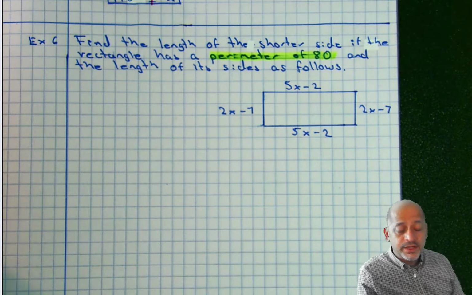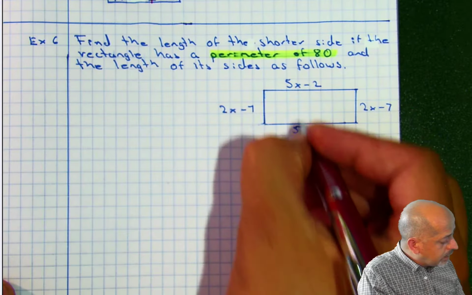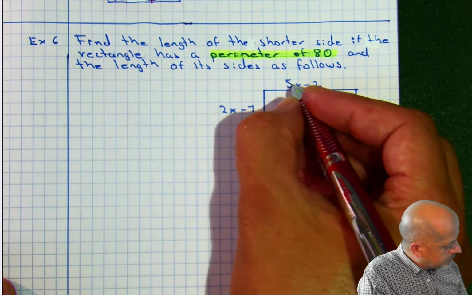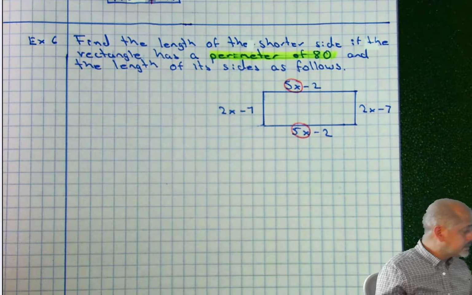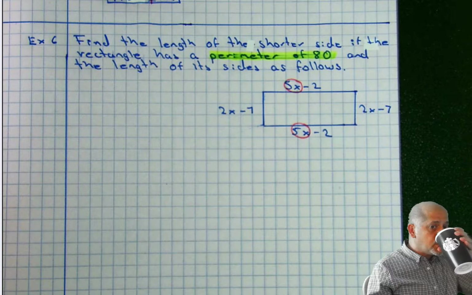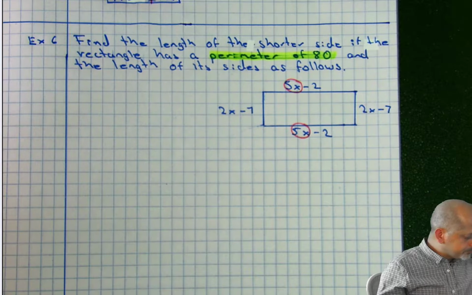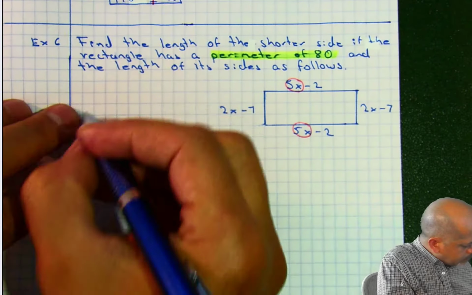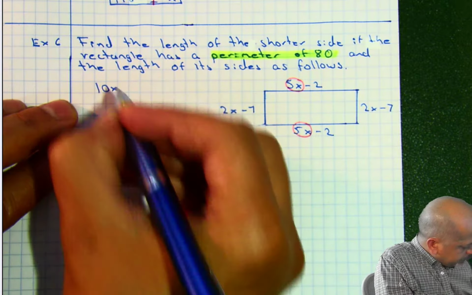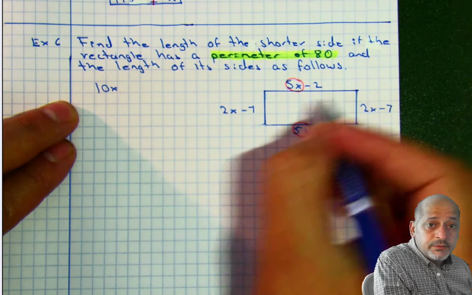So let's go and add up all the x's. I'm going to add up the ones above and below first. So we have 10x, and negative 2 and negative 2 will be negative 4.